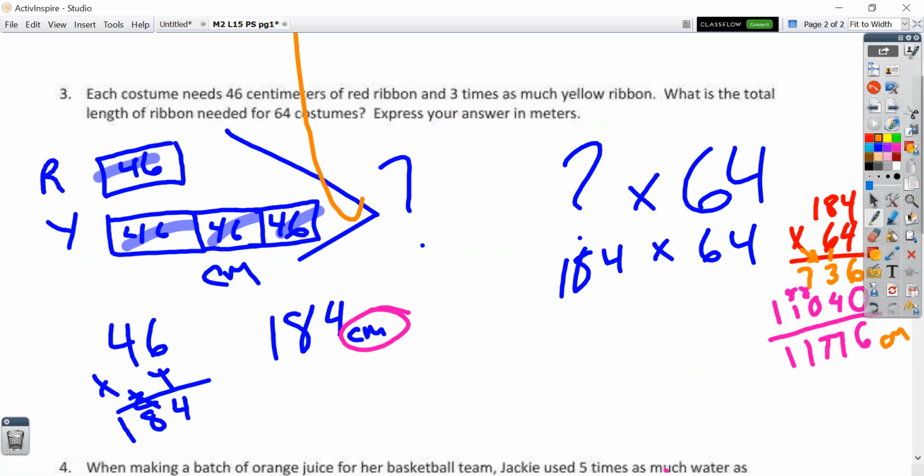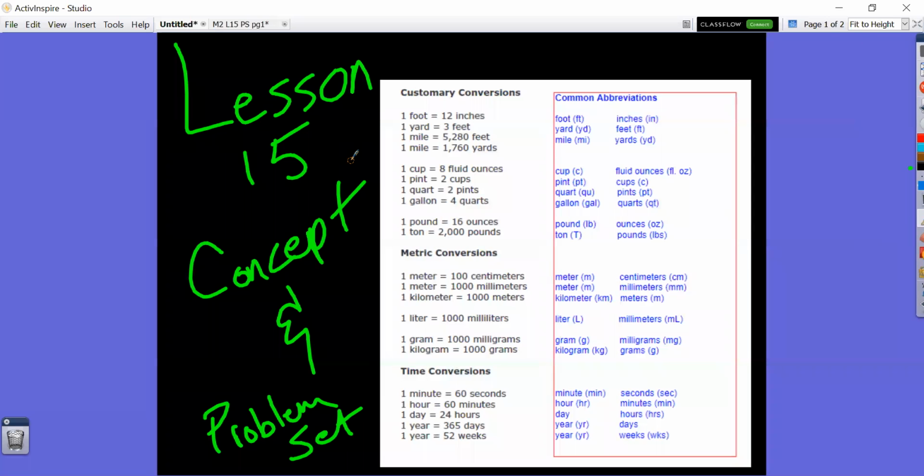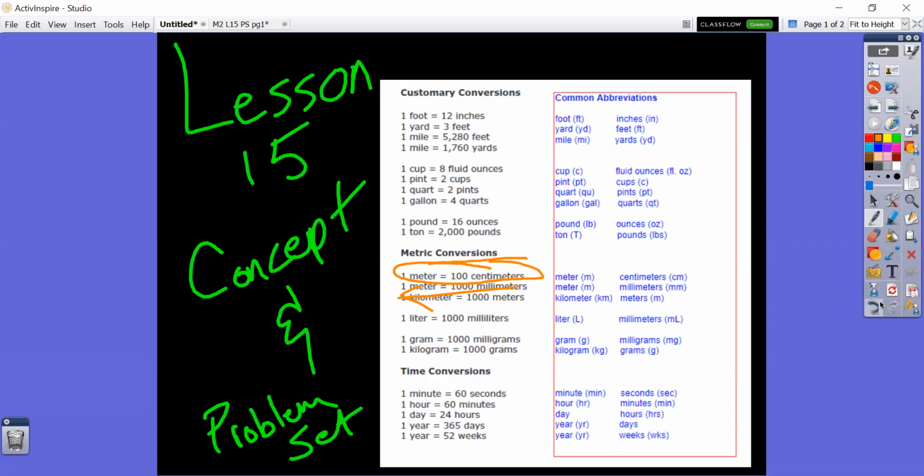Let's go to our reference sheet, centimeters to meters. And sometimes you have to look at it the other way, meter, but we're going this direction, centimeters to meters. So we know that we're going from 100 to 1, so we're dividing. Our units are getting larger.